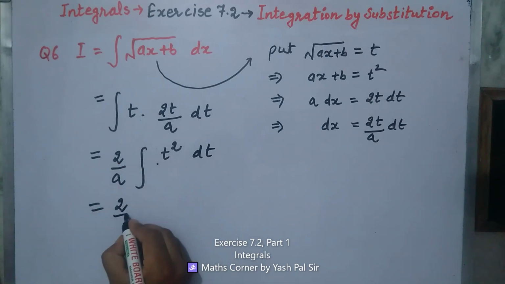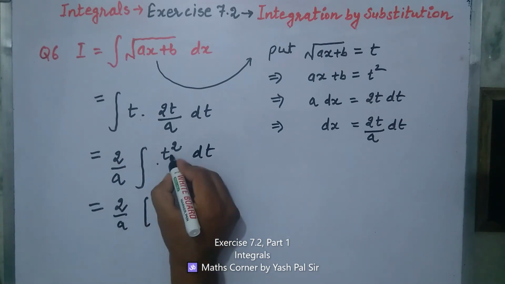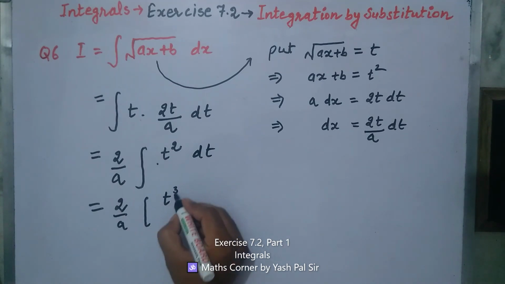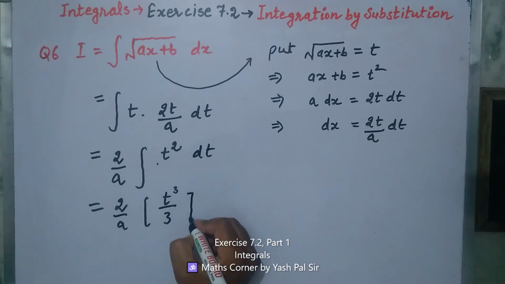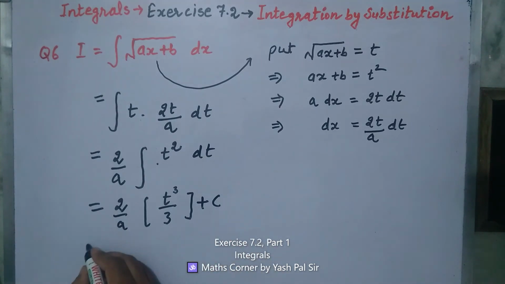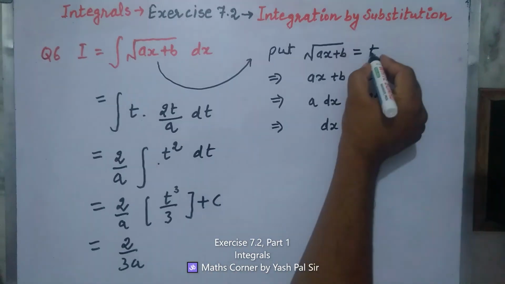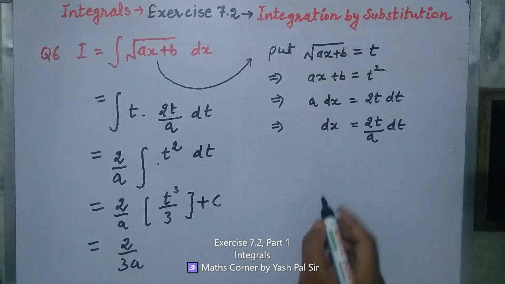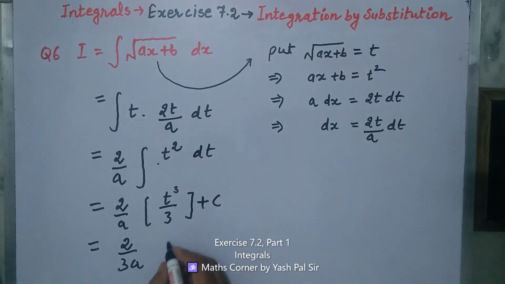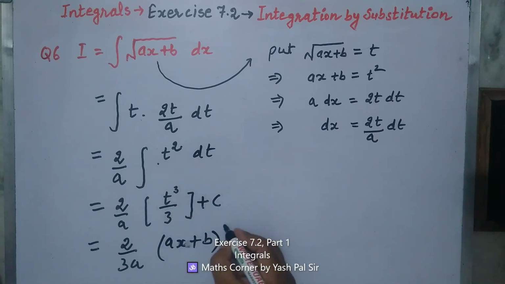Taking this 2 upon a outside, the integration of t square is t cubed upon 3 plus c. Finally 2 upon 3a, the original value of t is square root of ax plus b. So this is written as 2 upon 3a into (ax plus b) whole raised to power 3 upon 2 plus c.